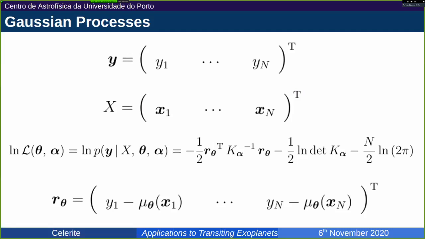The residuals vector is computed as the difference between the observed data and the mean expected model at the corresponding coordinates. In particular, the computation of the distribution requires the inversion of the covariance matrix that is represented in the equations by K. That can be a computationally expensive process for a random n-dimensional problem.